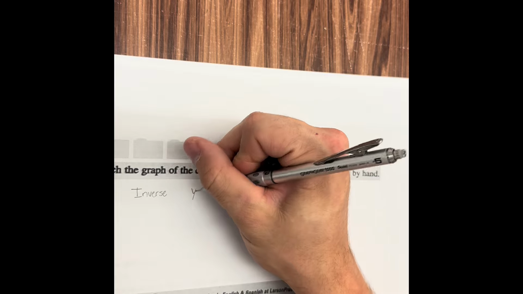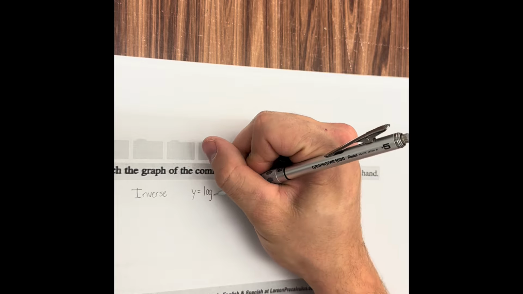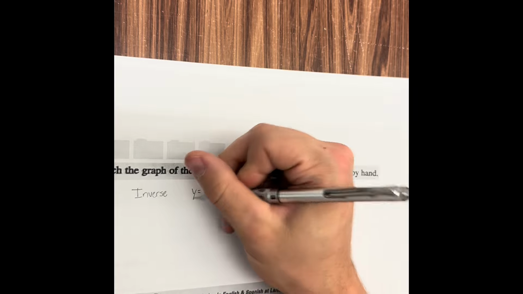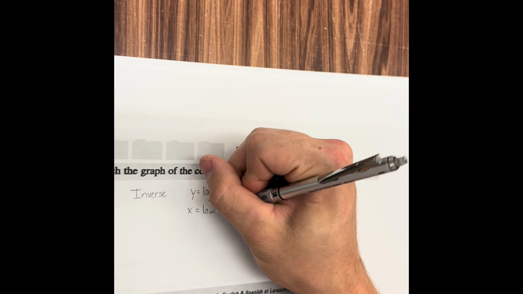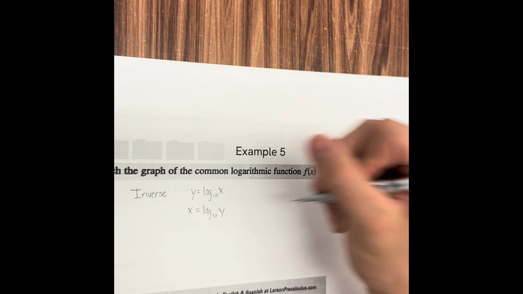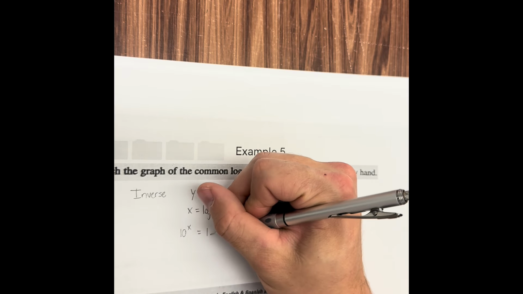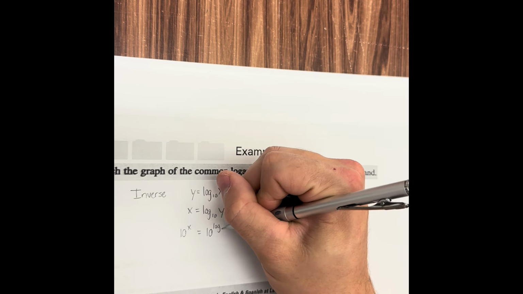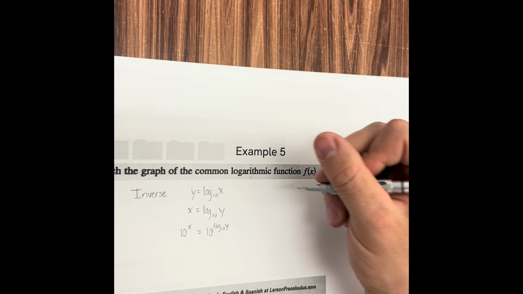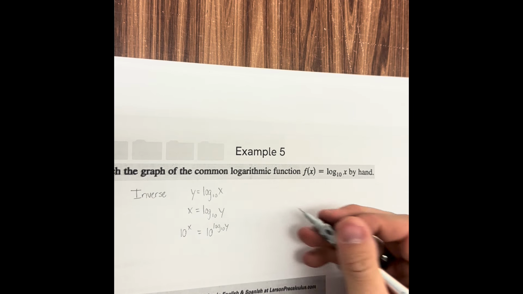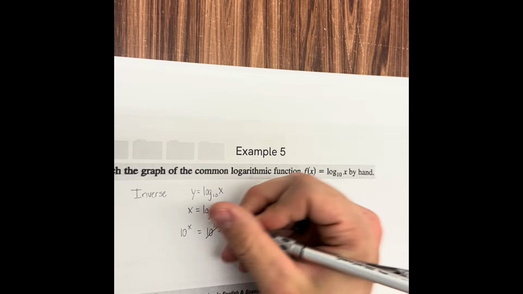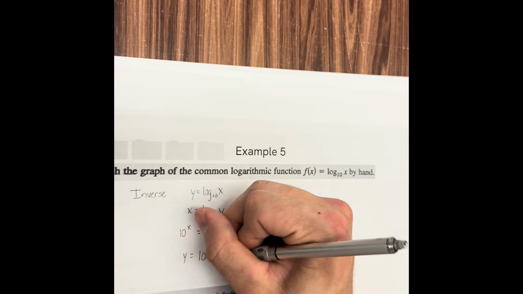So we have y equals log base 10 of x, switch x and y. All right, and then we want to cancel things out. In order to cancel out the log, we raise everything to the power of whatever the base is. So 10 to the power. These cancel out. We get y equals 10 to the power of x.